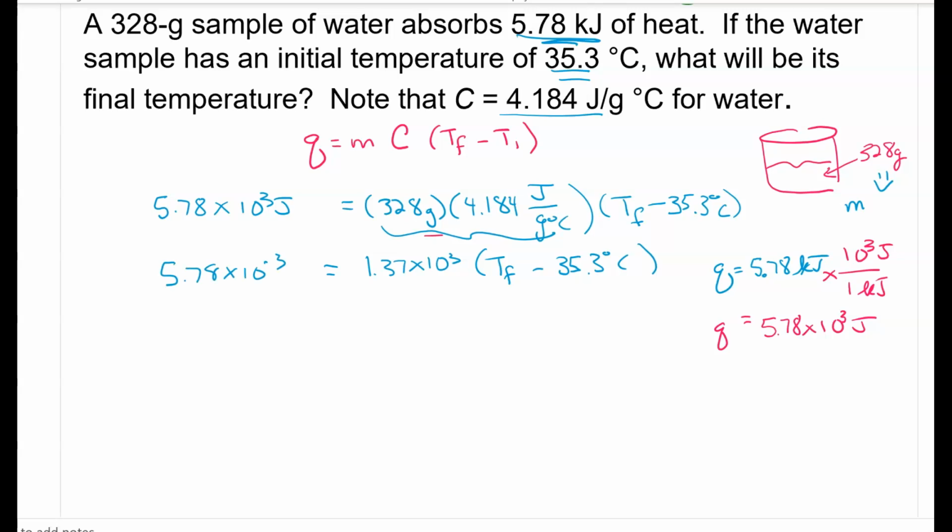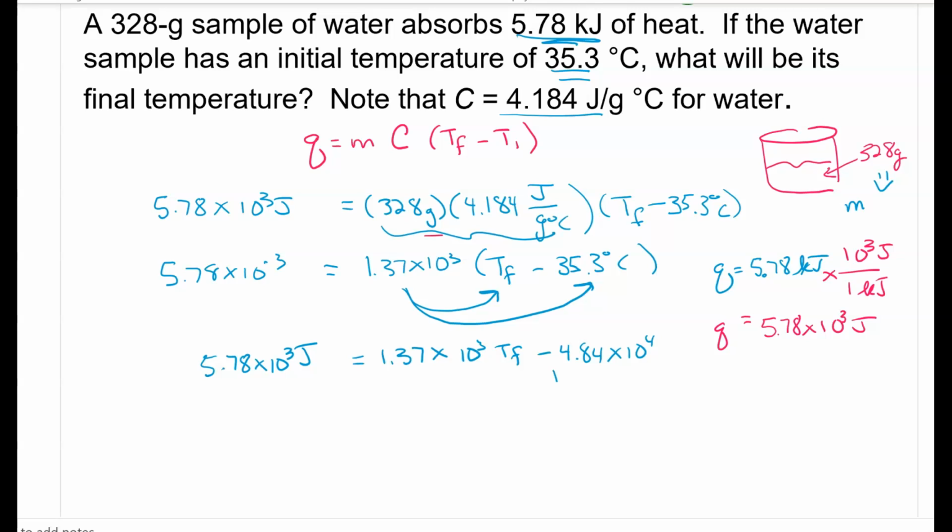So in order to do that, we need to move this over here, but first we have to distribute. So we're going to multiply 1.37 times 10 to the third times TF. And then we're going to multiply it by 35.3, and I get 4.84 times 10 to the fourth. And that's going to be equal to 5.78 times 10 to the third joules.